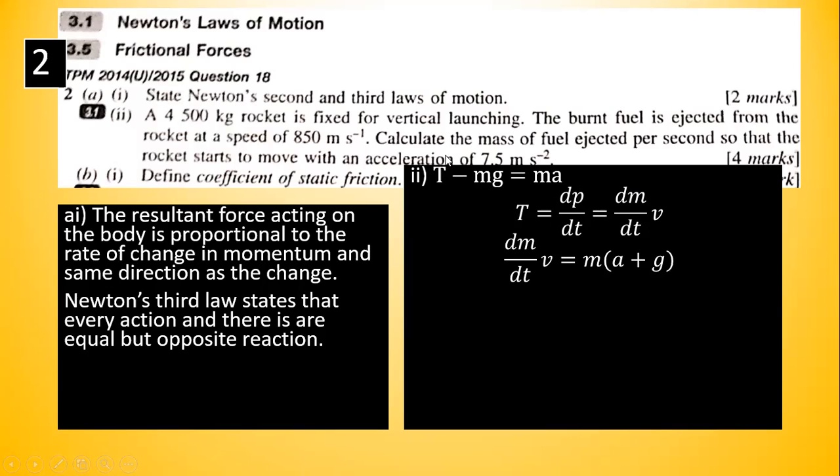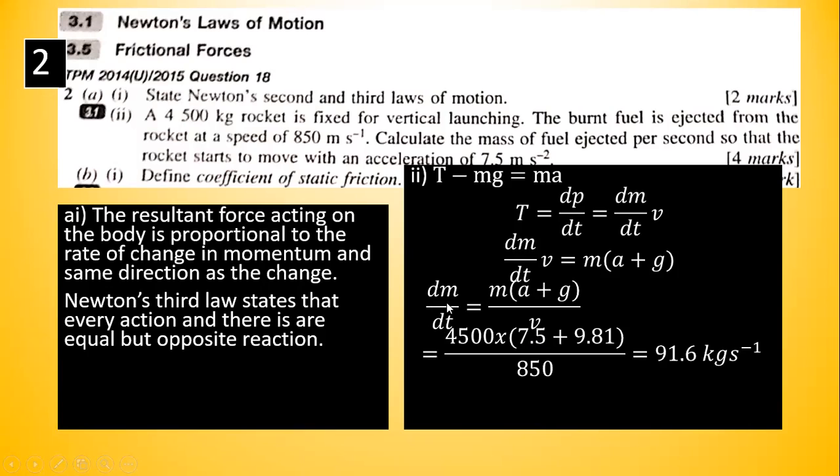So now you replace that T with dm/dt times v, and then take the mg to the other side. So you get ma plus mg. Then dm/dt equals m times a plus g, divided by v.